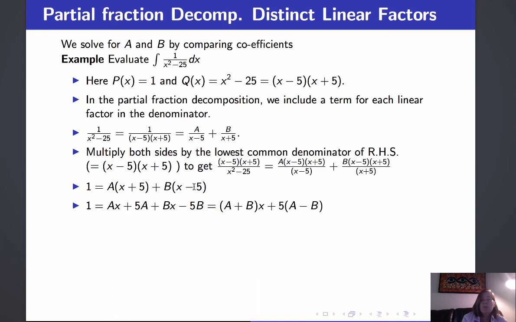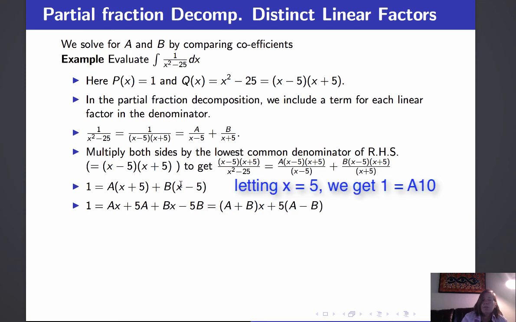Now, one thing we can do is select values of x, because this equation must be true for all values of x. So I could plug in selected values for x here to get new equations relating a and b.